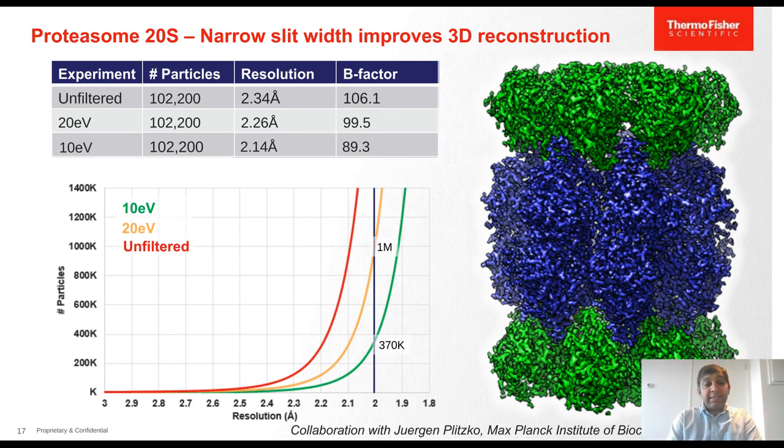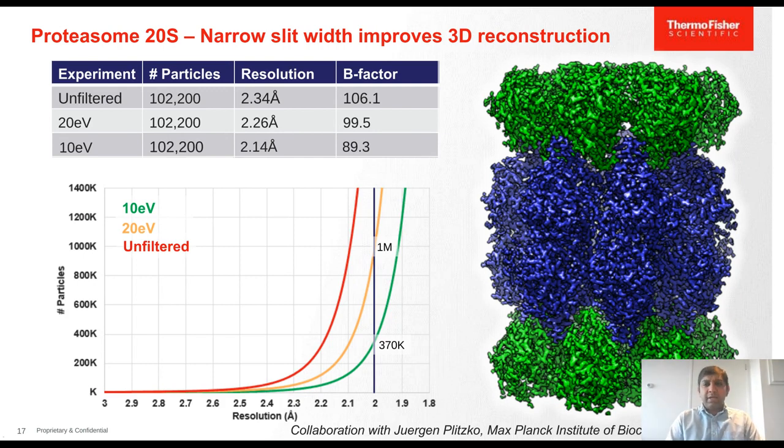And if we don't use the slit at all, if we use bottom-mounted Falcon 4 without any filtering, then it would almost become impossible for this data to reach 2.1 angstrom or 2 angstroms in this case. So indeed, Selectris energy filtering is helping you tremendously, even at 200 kV as well.